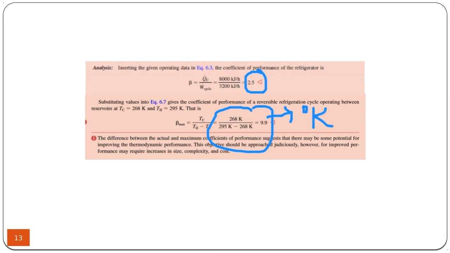So you need to use the Kelvin temperatures in the calculation of coefficient of performance of a system. And as you can see, the coefficient of a reversible system is 9.9, which is okay because no actual system can have a higher coefficient of performance than a reversible system. So similar to the efficiencies, we can write that the coefficient of performance of an actual system is always less than the coefficient of performance of a reversible system, or in other words, Carnot system.